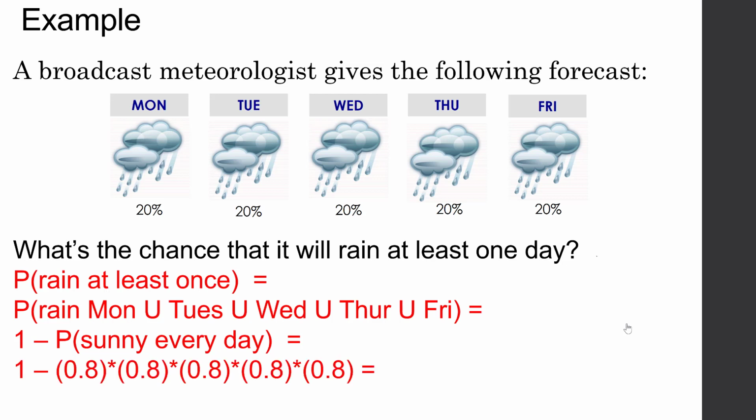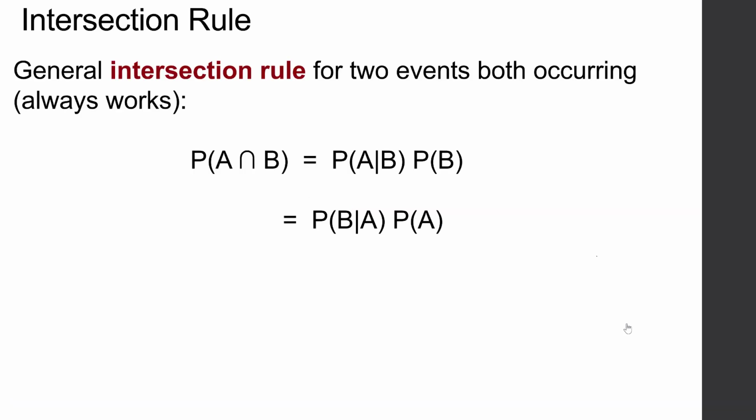So that is 1 minus 0.8, so that's the chance it's not going to rain on Monday, times, since this is sunny every day, so it's not going to rain on Monday and not going to rain on Tuesday and not going to rain on Wednesday. So instead of a union, we've got intersections now, and they're independent. We're going to assume that for this example, so we can just take 0.8 five times each other. And that ends up giving us a 0.67 or 67% chance.